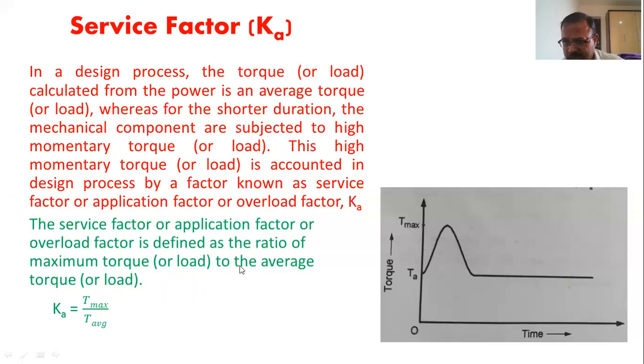It can be a generator, a stone crusher, a printing press, a lathe machine, anything. So the shocks coming on these machines are different. The shocks can be categorized as light shocks, medium shocks, and heavy shocks. Depending on these conditions, we have to select the proper value of this service factor.